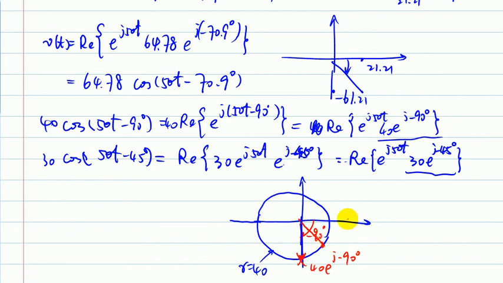My drawing is not too good, so I need to draw another circle here with a radius of r equal to 30.